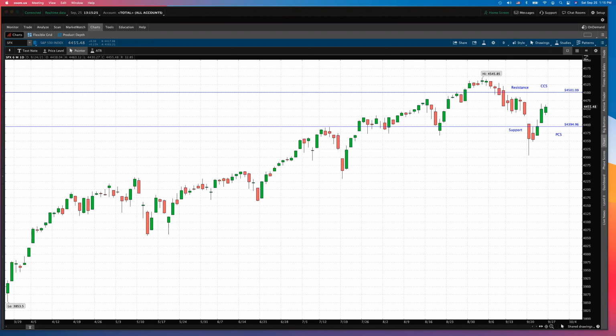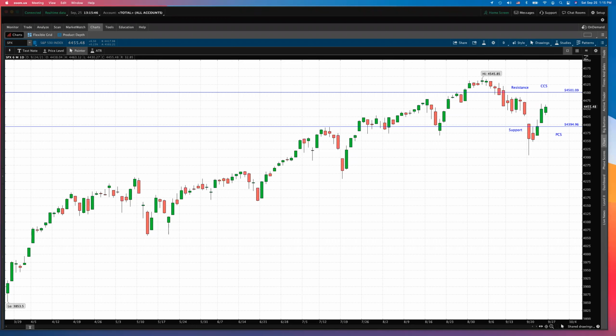To build a call credit spread, we need to sell one leg closer to the current price, and then buy one further away from the current price.